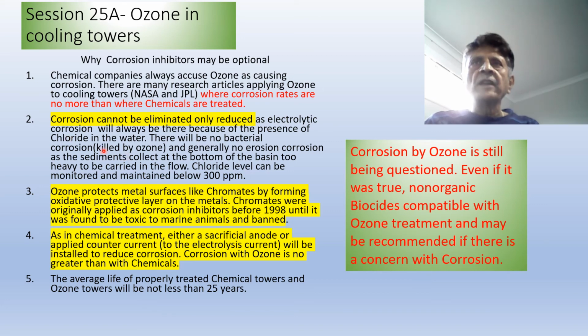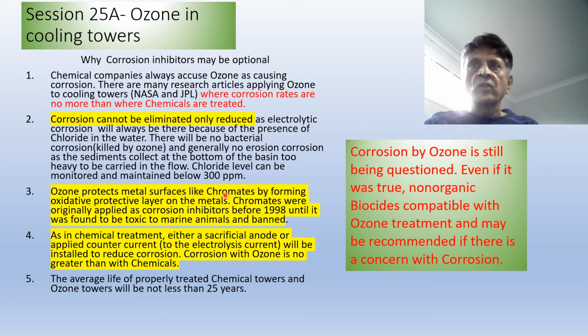I would normally determine the cycle of concentration using the chloride levels: the chloride levels in the cooling tower water divided by the chloride levels of the feed water. That is more accurate than the TDS because that is the one that can cause the corrosion. Ozone protects metal surfaces.